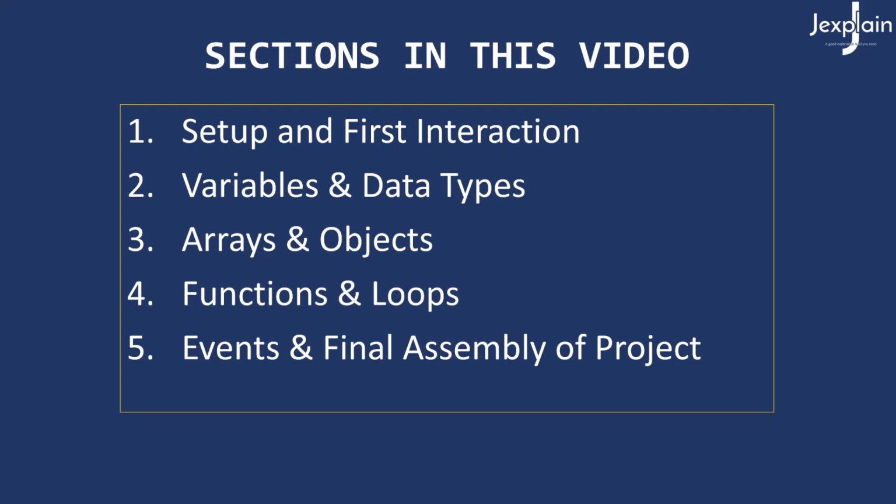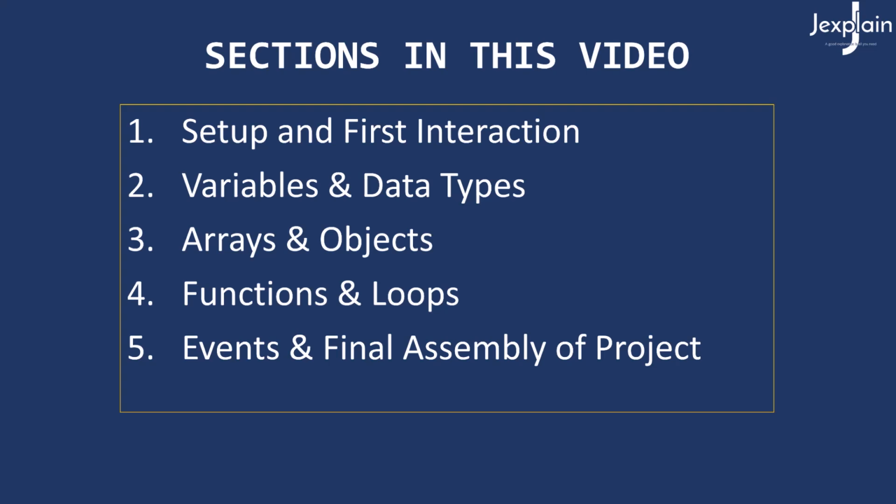So the first section was the setup, which we have completed using Replit. And secondly, we are going to discuss the fundamentals of JavaScript, and in that we will see variables and data types, and we will also see how to apply them by selecting DOM elements into the variables, which will be part of the project.